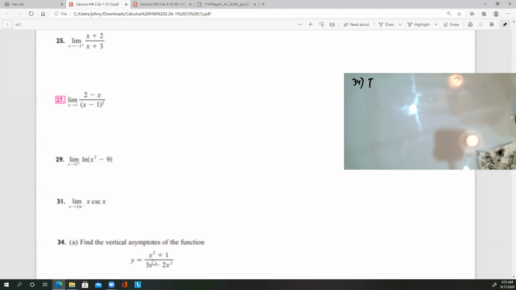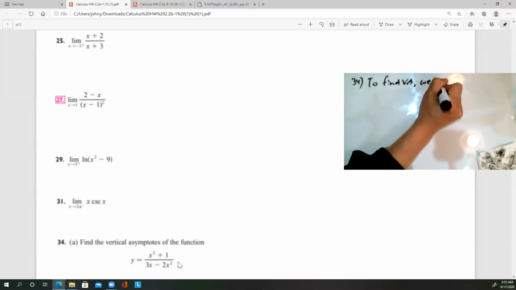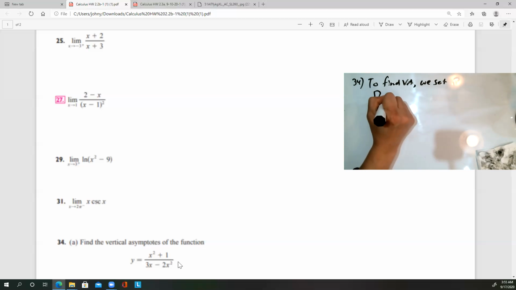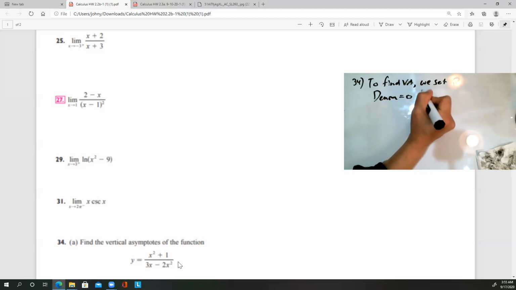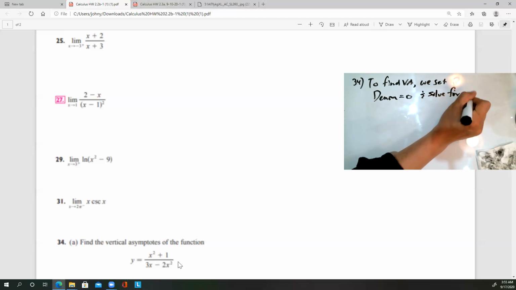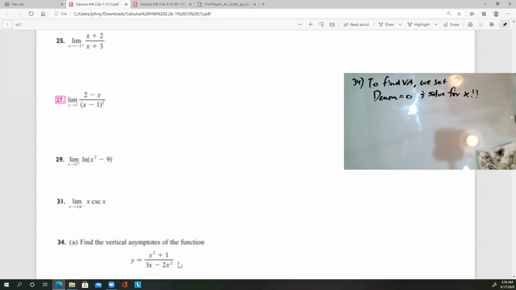And for any type of rational function, I'm going to write this down for you. To find VA, we set the denominator equal to 0 and solve for x. It's the same thing every single time. To find the vertical asymptote of a rational function, we set the denominator equal to 0 and solve for x.